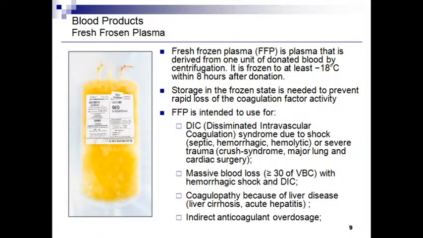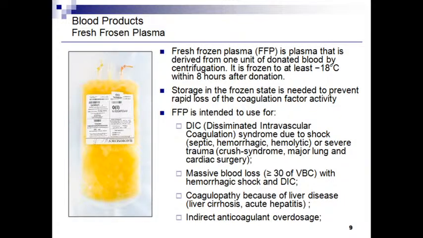The second blood product for transfusion in the surgical room is fresh frozen plasma. Plasma is a component of whole blood which can be prepared by removal of blood cells from the blood donation.